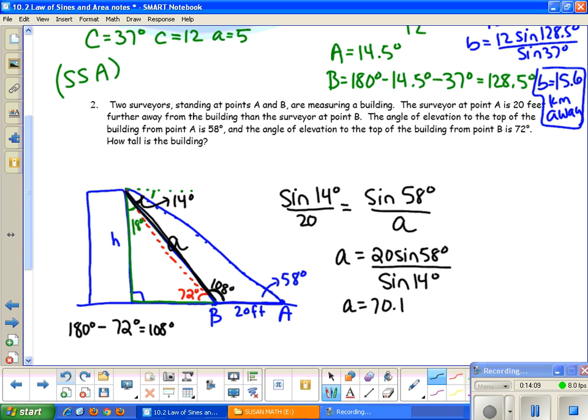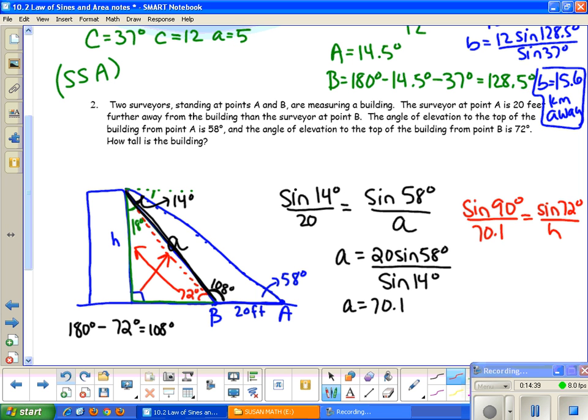Now that I have A, I have enough information to solve for H in my triangle, because this is the side opposite the 90 degrees. So the sine of 90 degrees over A is equal to the sine of 72 over H. We have the sine of 90 degrees over our A value, which we said was 70.1, equals the sine of 72 degrees over the height of the triangle.